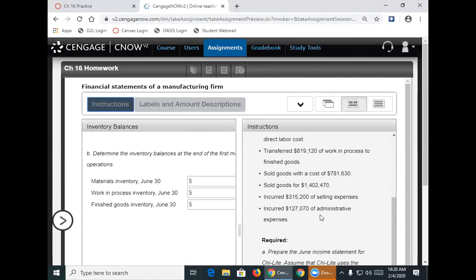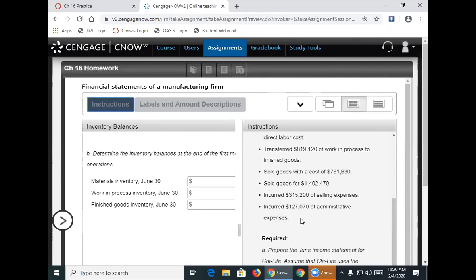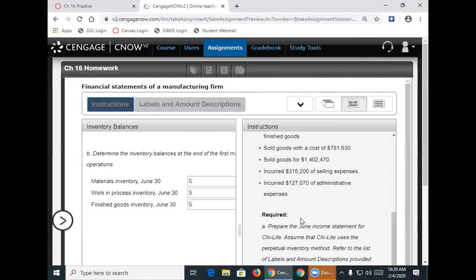And then it tells you what you transferred out of work in process, 819,120. That goes into finished goods. You sold goods with a cost of 781,630.